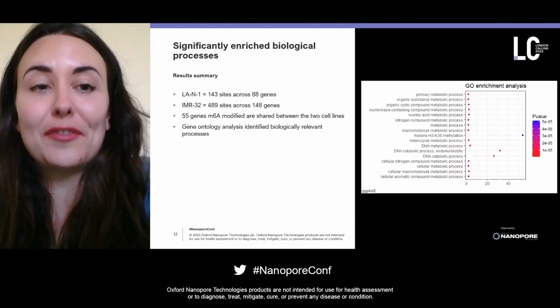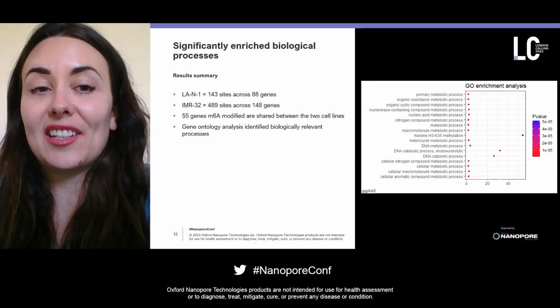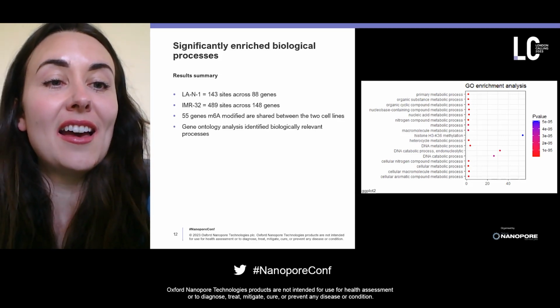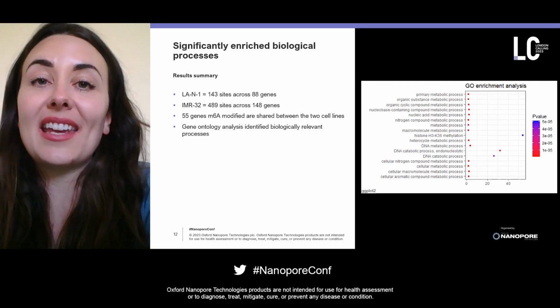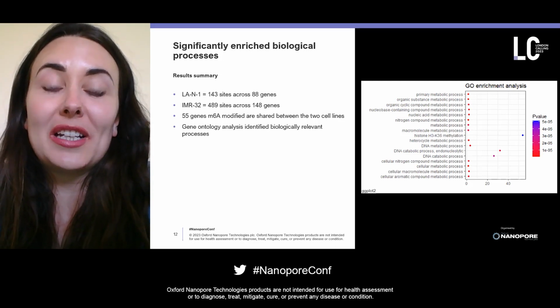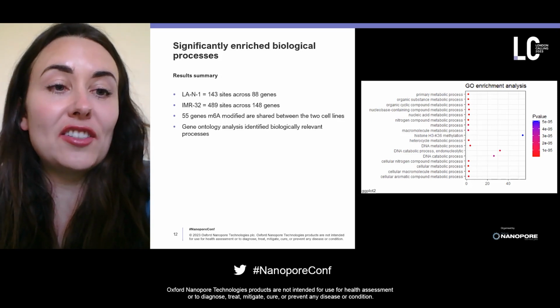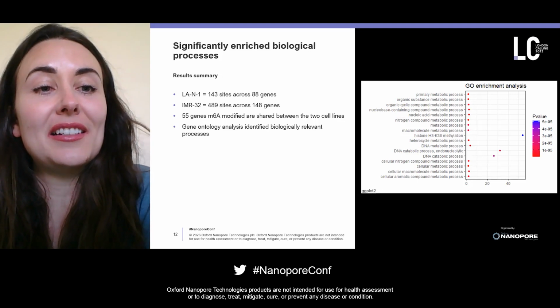So as I mentioned before, there's 143 sites in LAN-1, but this actually was across 88 genes because we found a multiple number in some of the genes. IMR-32 was 489, and that was actually across 148 genes. When we looked at shared genes between the 2 cell lines, 55 of the genes that were m6A modified were shared between the 2 cell lines.